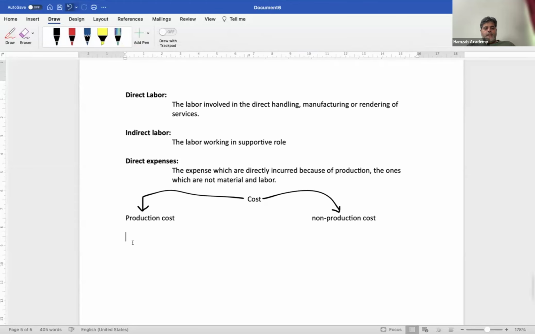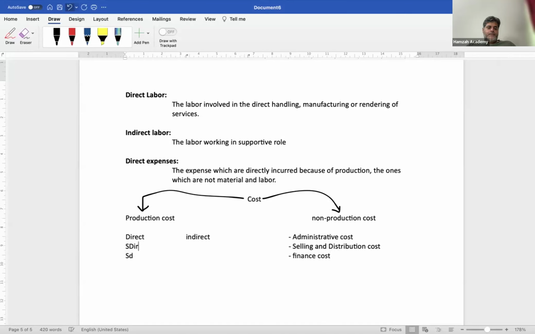The production cost is then further categorized between the direct and indirect, whereas the non-production cost is segregated between the administrative cost, selling and distribution cost, and the finance cost as well.